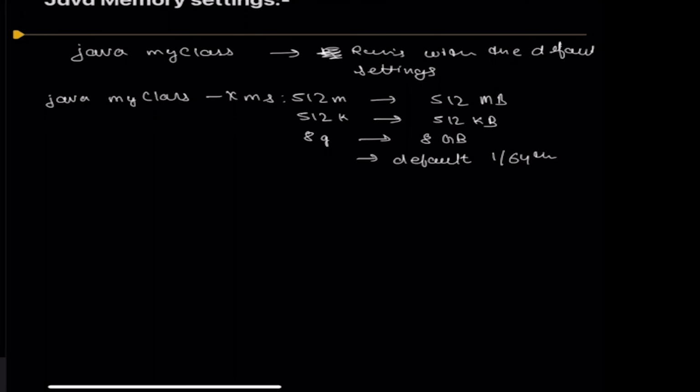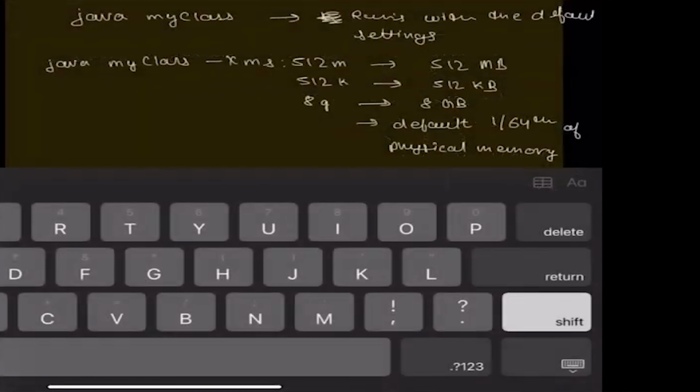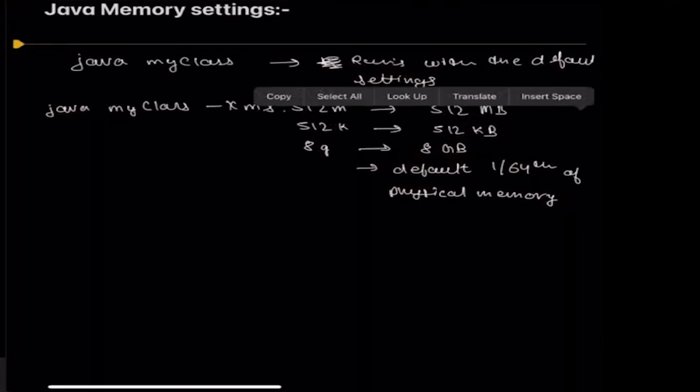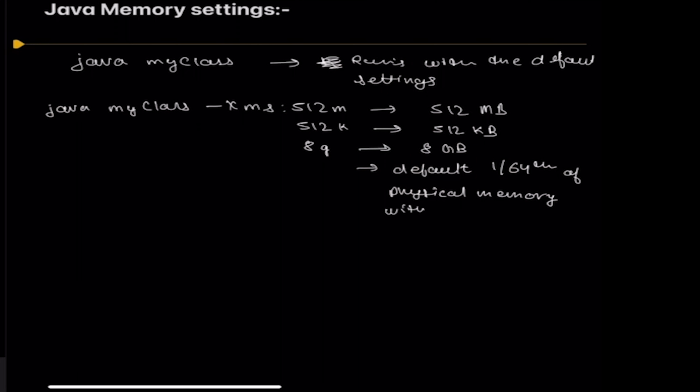And if we don't define it, its default value is 1/64th of the physical memory available on that computer. So this is the default value for it, and otherwise we can define it by using the -Xms configuration parameter.